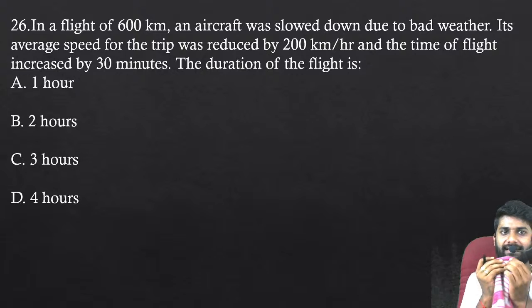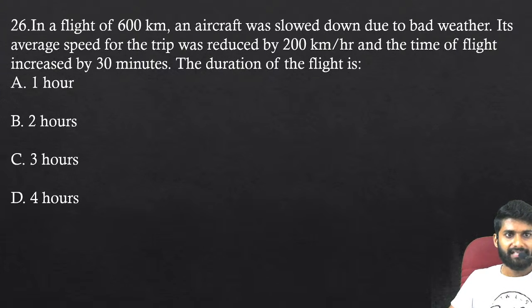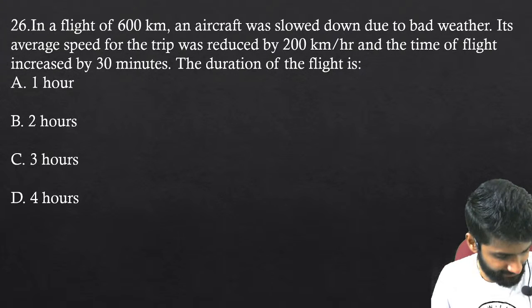A flight is 600 kilometers. An aircraft is slowed down due to the bad weather. The average speed of the trip was reduced by 200 km per hour, and the time of flight is increased by 30 minutes. Find the duration of flight.